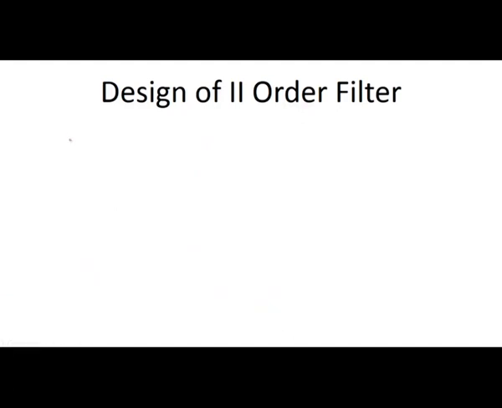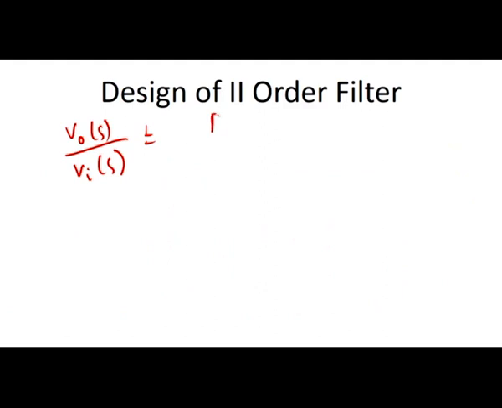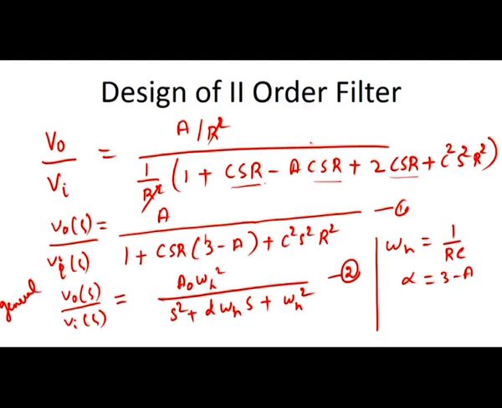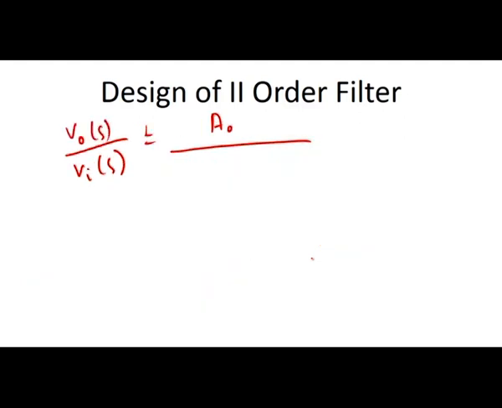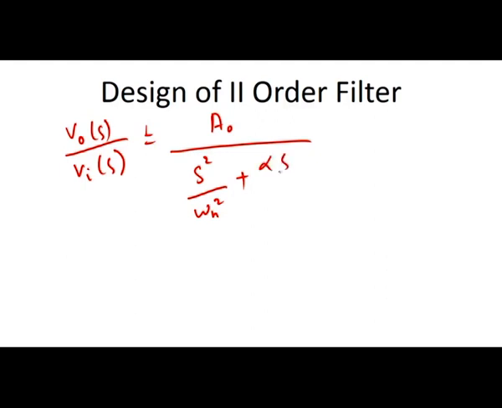So if I consider this V0 of s by Vi of s, the general equation of any system, I am taking this A naught in the numerator. I am dividing this equation by omega H square in both numerator as well as in the denominator. So I have s square by omega H square plus alpha s by omega H plus 1.